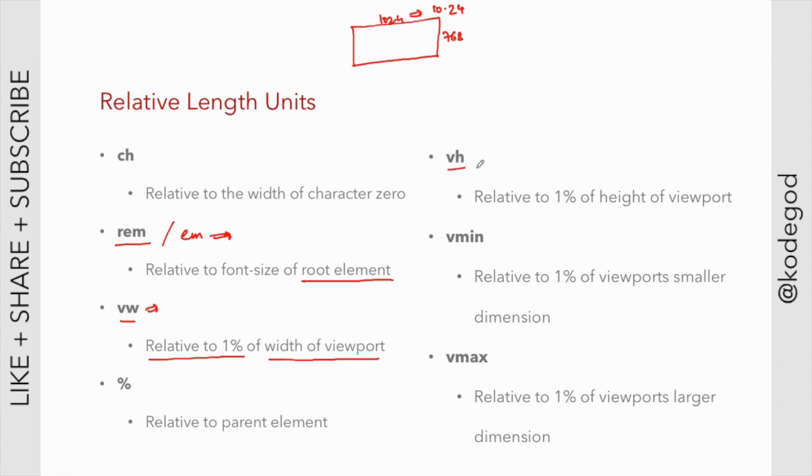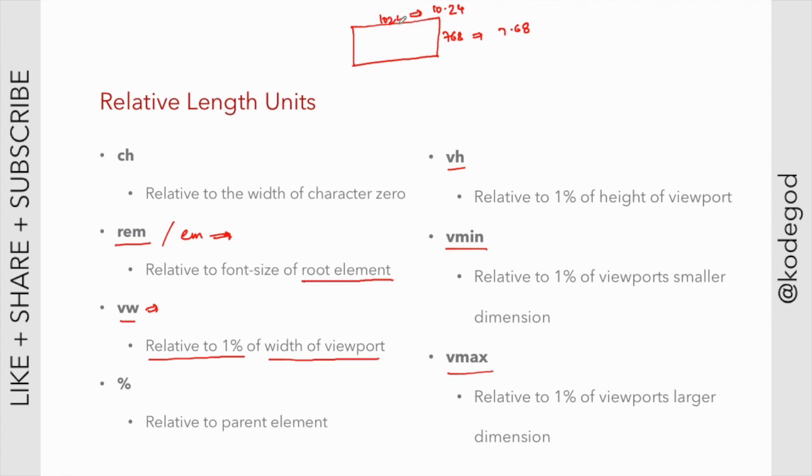Similarly, vh is relative to 1% of the height of the viewport. So in this particular case, it will take 7.68 as a default value. And similar to this, vmin and vmax. vmin is relative to 1% of the viewport's smaller dimension.